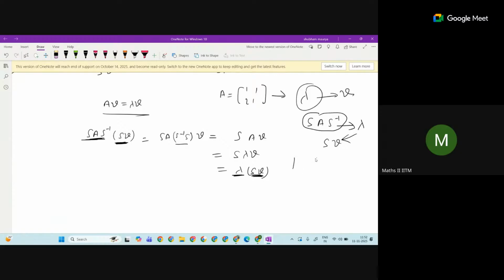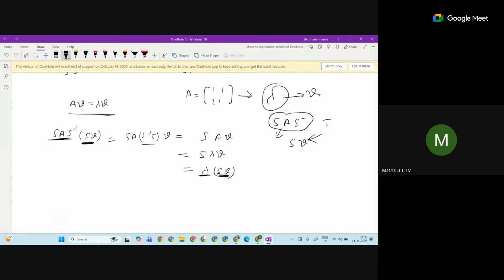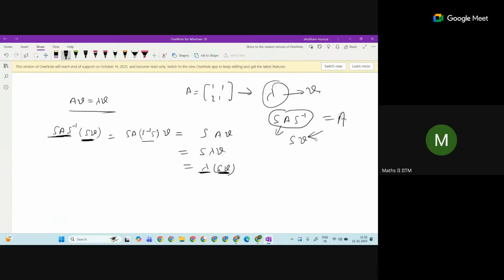No, this is not diagonalizability. Here it is very different. S is any invertible matrix. S inverse is not A. We are thinking S inverse is equal to A. No, this is not true.